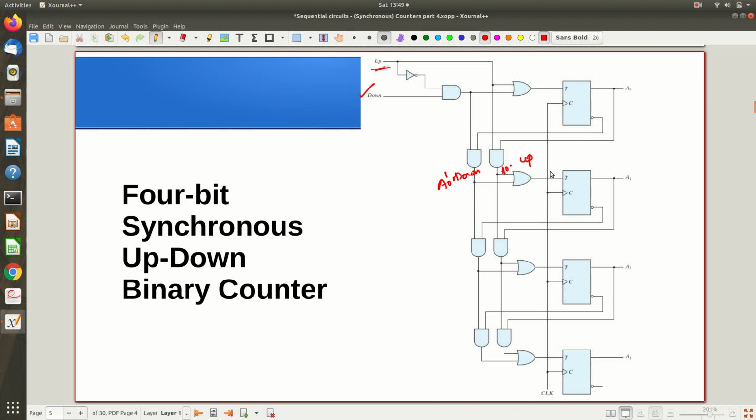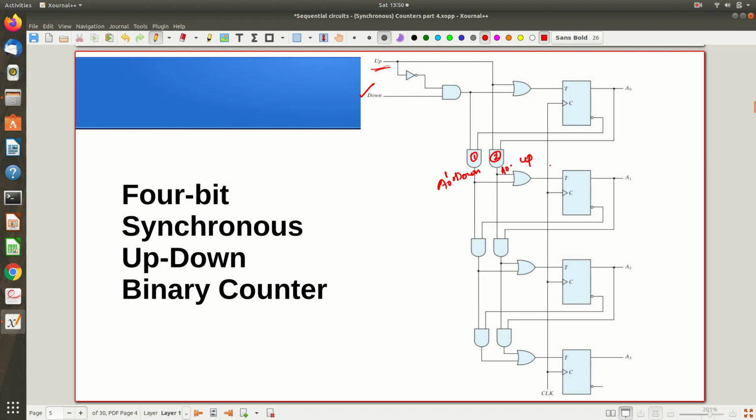So either up counting or down counting, any one of these output lines will be 1, right? At any time, either AND gate 1 or AND gate 2 will give you 1, that is for sure, because if A0 is 1, this will give you 1 and that time this will give you a 0 as the output. So any one of them will be 1 at any time, so this OR operation will give you a 1. If either up or down counting I want, accordingly that bit will be changed, right?